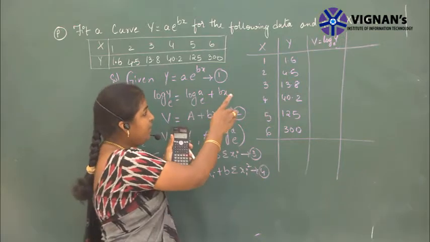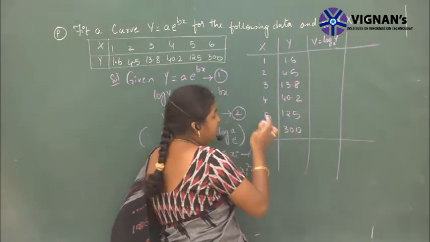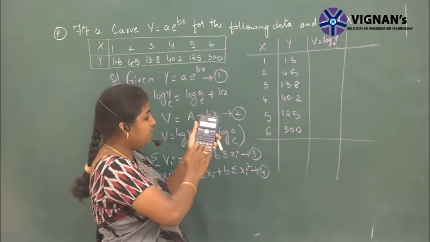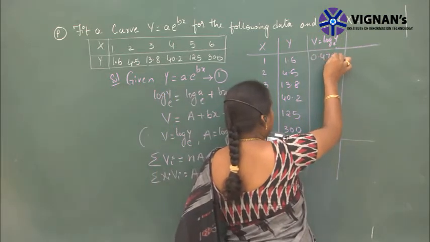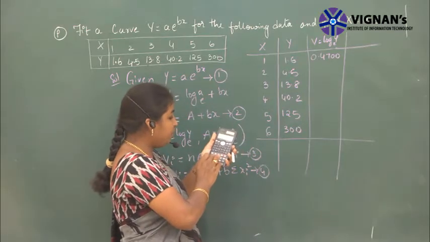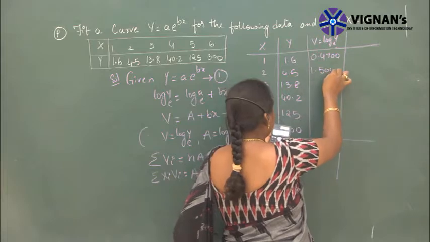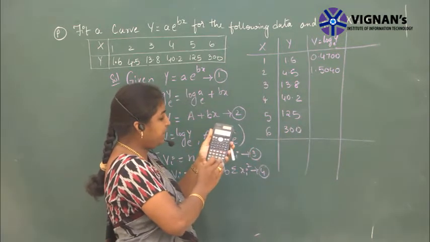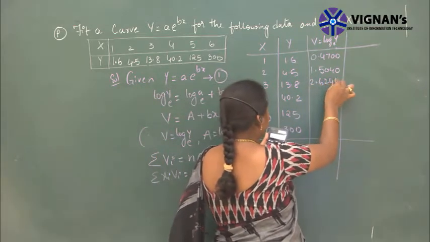So now we are finding log base e of the Y values, that means these values. ln 1.6 is equal to 0.4700. Next, ln 4.5 is equal to 1.5040. Next, ln 13.8 is equal to 2.6246.